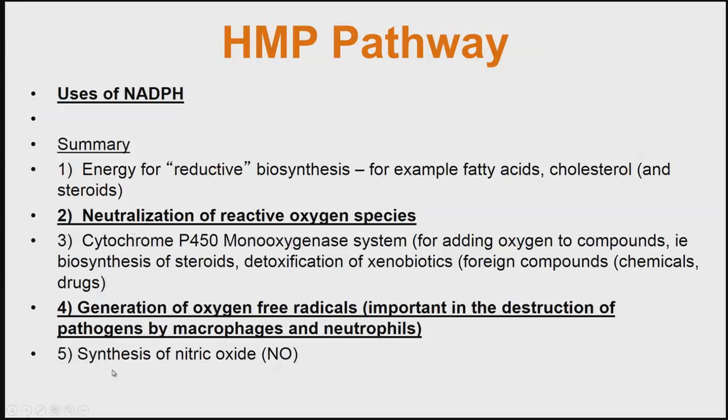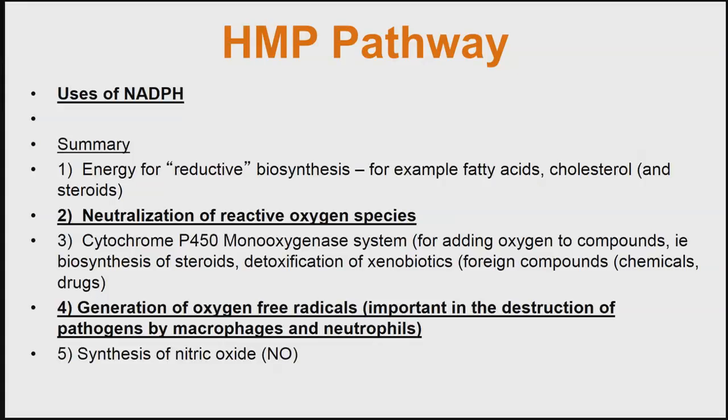So there are 5 general things that we can use NADPH for, or this is a list of 5 of the possible things. 2 of them we're going to look at, and both involve reactive oxygen species. You do use NADPH for reductive biosynthesis, so you're going to see fatty acid synthesis, cholesterol synthesis, and at some point steroid synthesis and nucleotide synthesis.